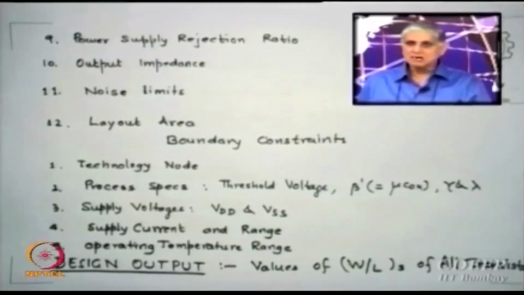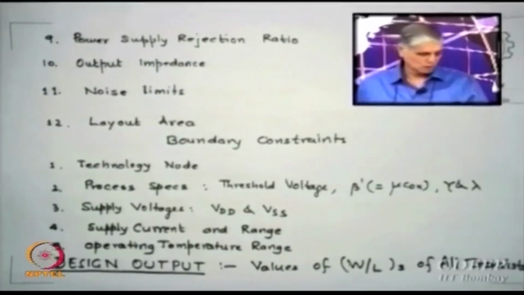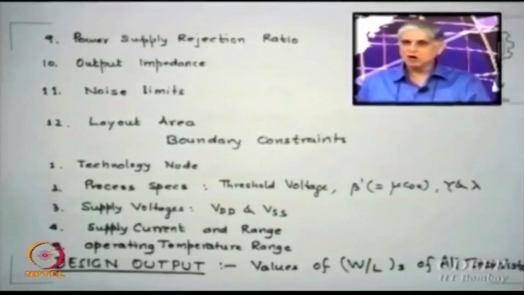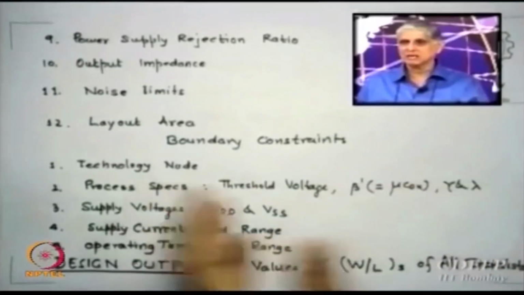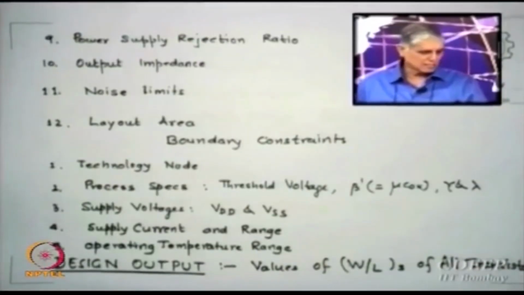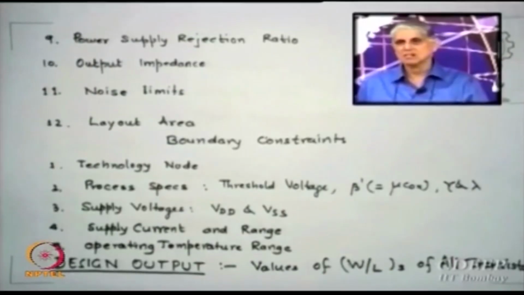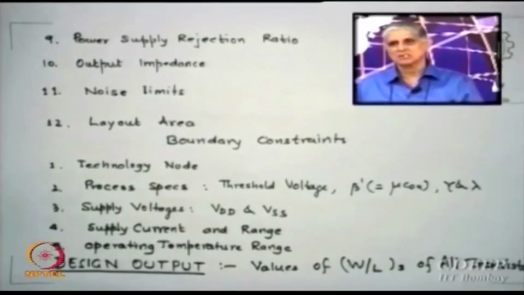And then finally, the operating temperature range in which your chip is going to operate. Given all this, as well as most of the parameters and design specs, you can design the OPAMP. When I say design, my output is the W by L size of all the transistors in the chip.